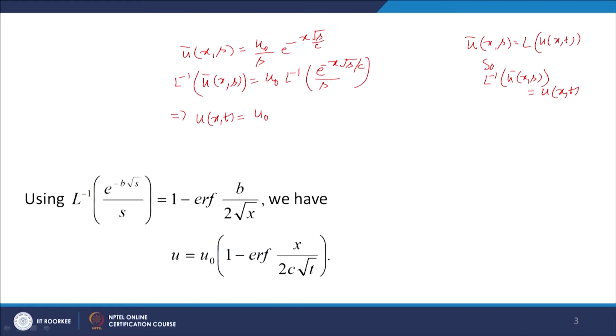So, we have this equal to 1 minus the error function of, in place of b we put x/c, so we will have x/(2c√t). Okay. Inverse Laplace transform when we take u(x,t) using this formula will give us this. So, this is the solution to the heat equation by using the Laplace transform.